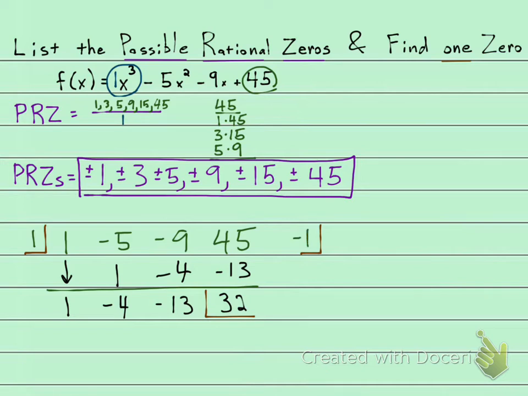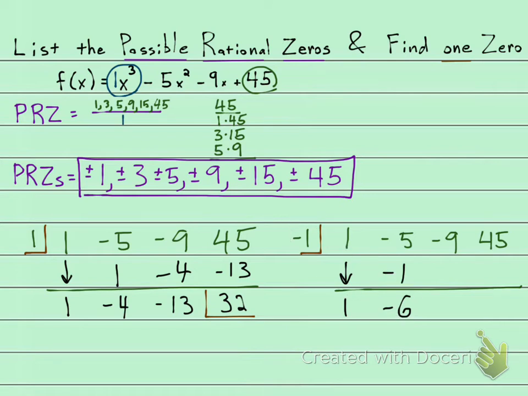All right, so here's negative 1. I'll list all my coefficients. 1, negative 5, negative 9, 45. First one comes down, 1. 1 times negative 1 is negative 1. Add these two, negative 6.